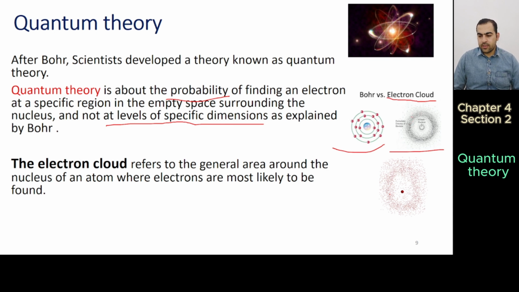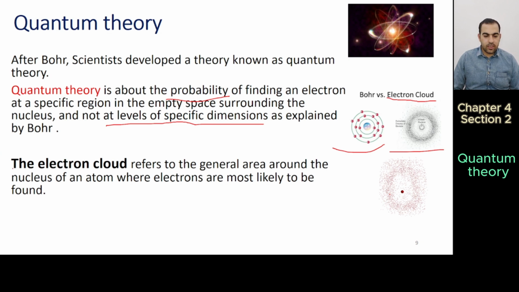We don't know exactly where it is, but we get the high density of electron, this probability. So this is about quantum theory. It's about the probability of finding an electron around the nucleus. So this section is about quantum theory.